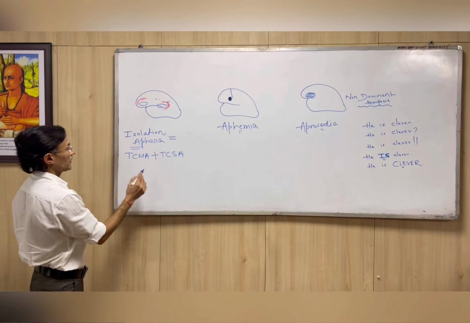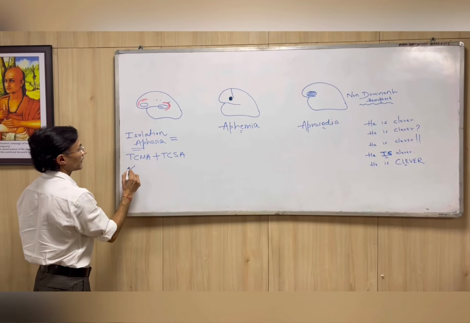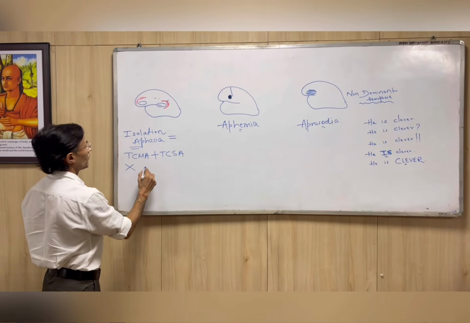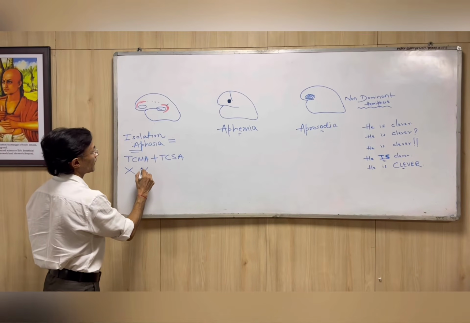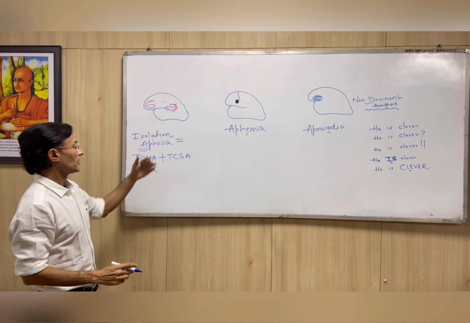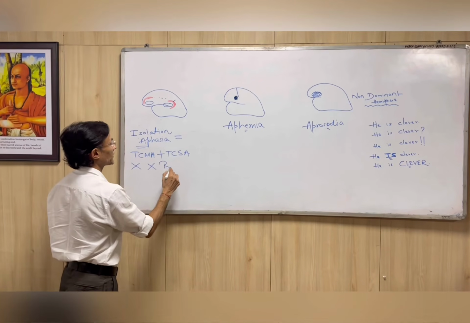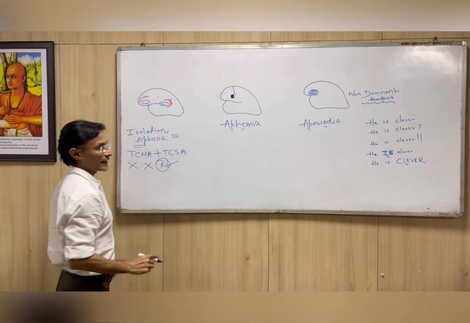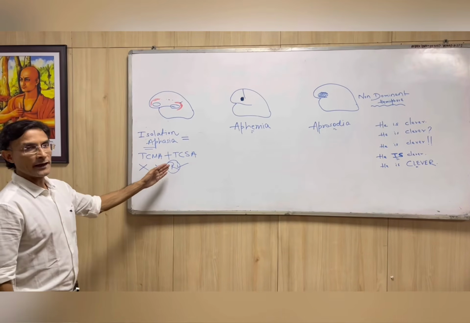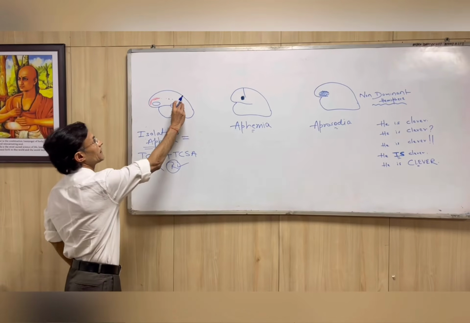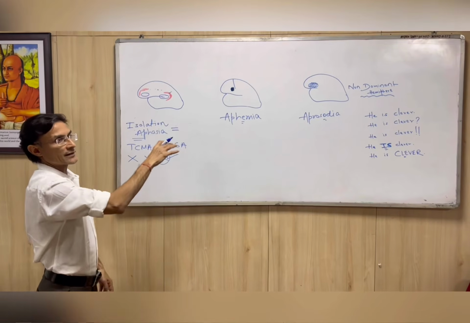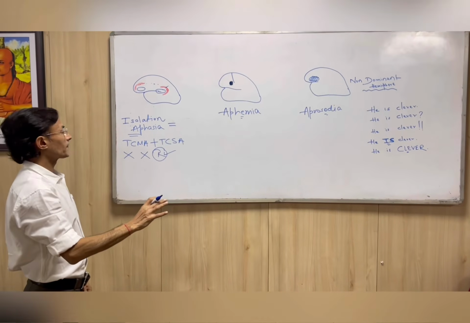Here the comprehension will be lost and the word output will be lost, as in Broca's and Wernicke's. Only repetition will be intact, while all other functions of Broca's aphasia and Wernicke's aphasia will be there.